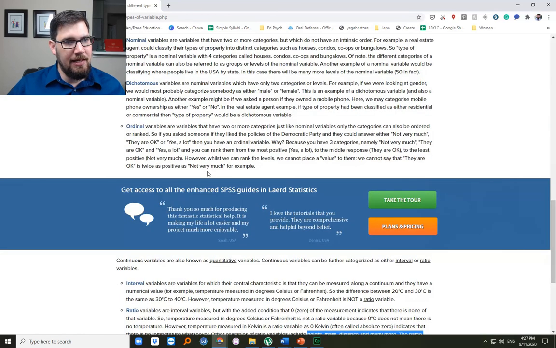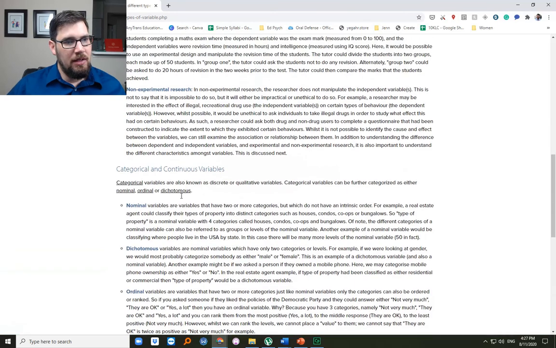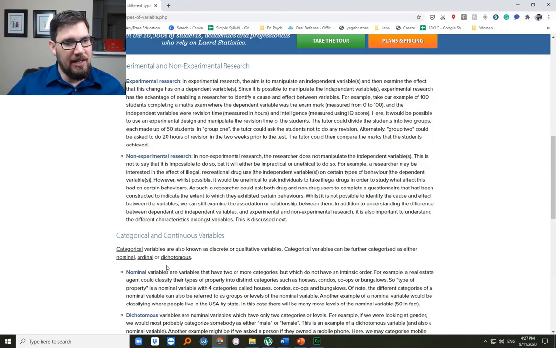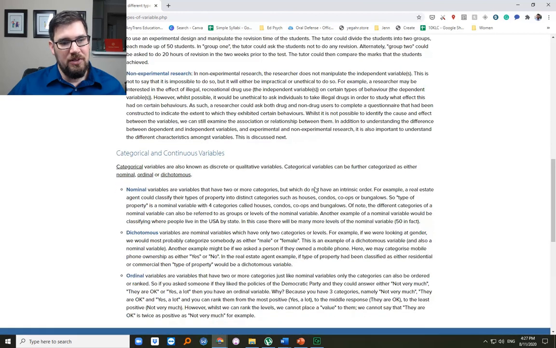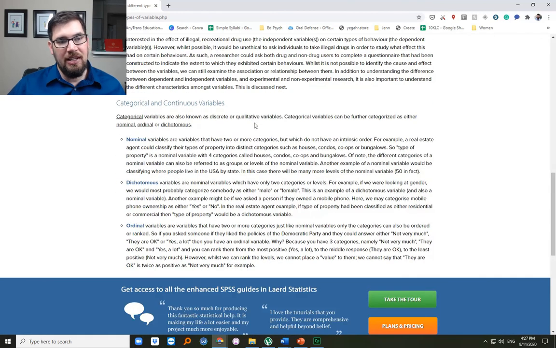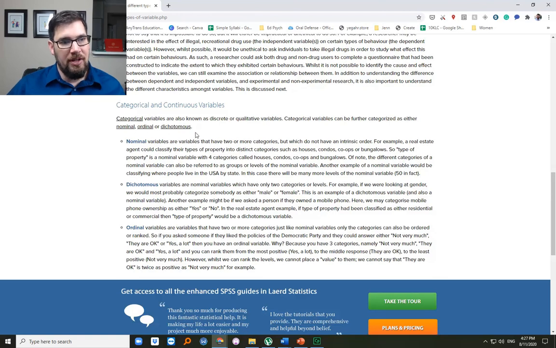And I think nominal, interval, and then we were talking about categorical or continuous. Categorical variables are also known as discrete or sometimes qualitative variables, but they can be included in quantitative research, so I want to be clear about that. Categorical variables can be further categorized as either nominal, ordinal, or dichotomous.